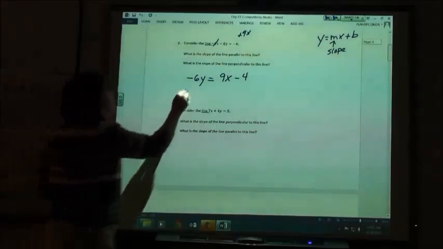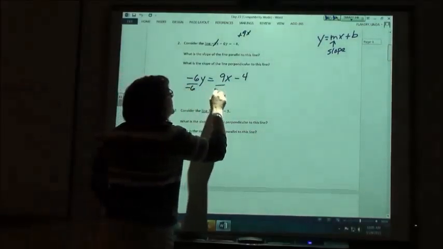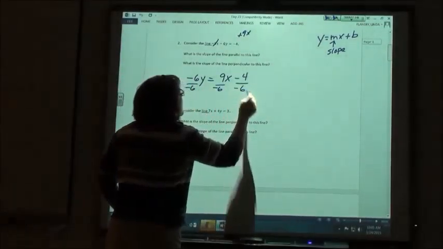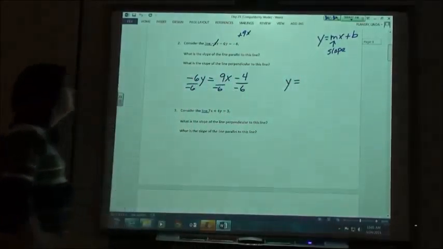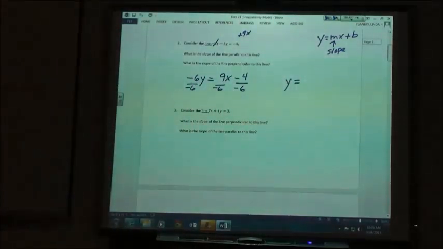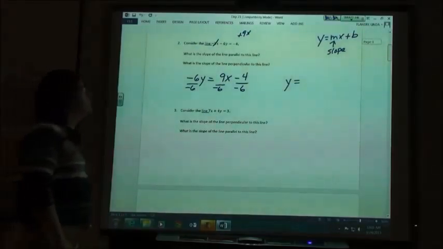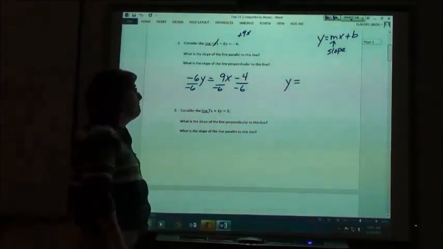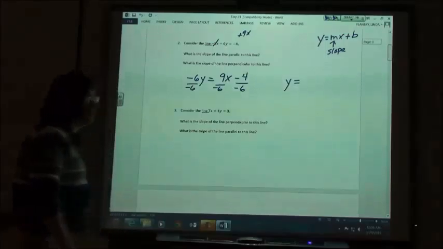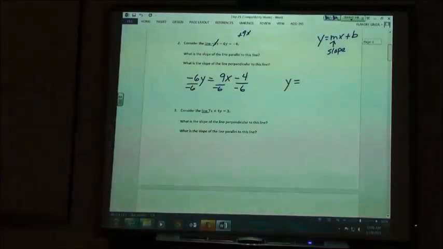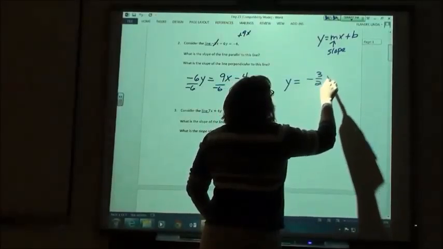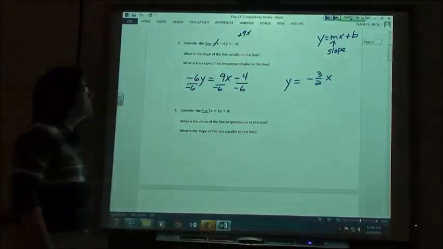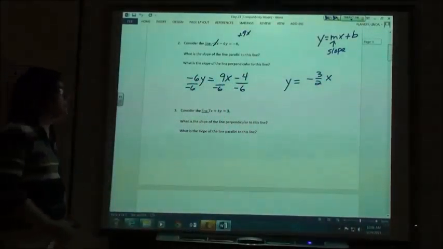Okay, and then from there, we divide by negative 6. So when we divide by negative 6, we're going to get y equals what? Negative 3 over 2 x, yep. And 2/3.